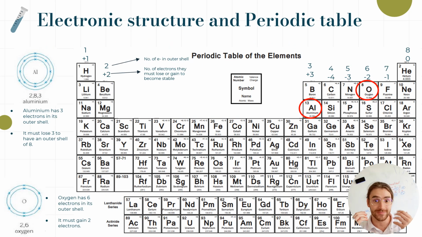Looking at the modern periodic table, as we can see here, let me get my pointer out. It goes up by the atomic number, starting at hydrogen with 1, going to helium 2, lithium, beryllium, boron, carbon, nitrogen, each going up by 1 proton.